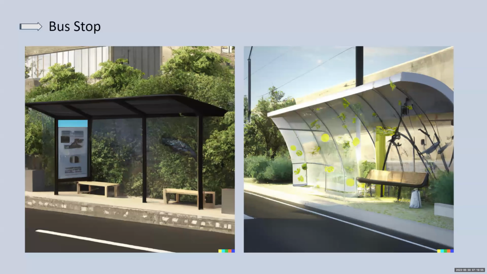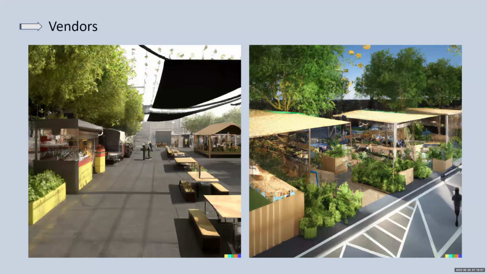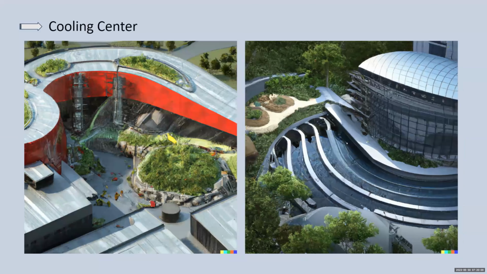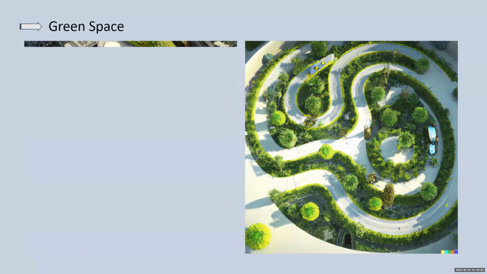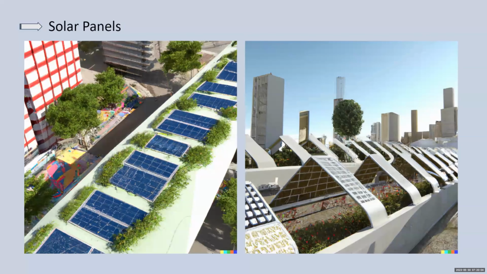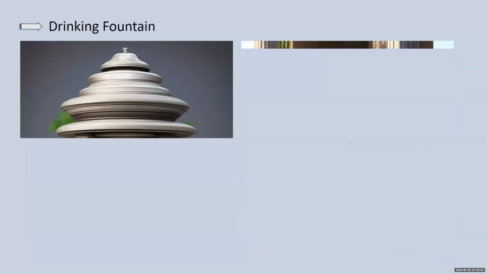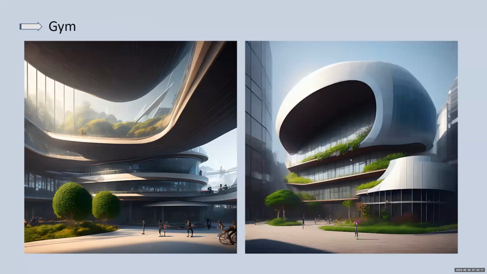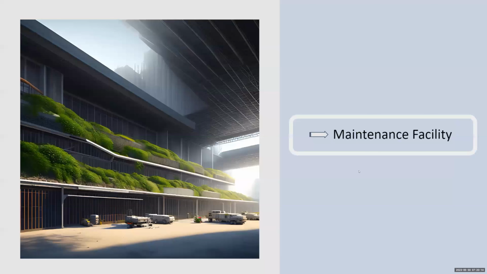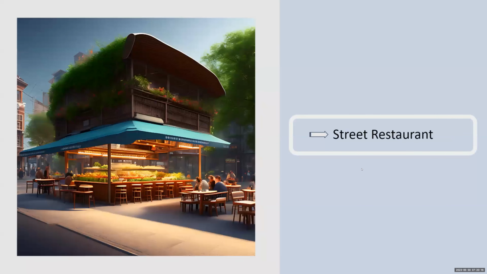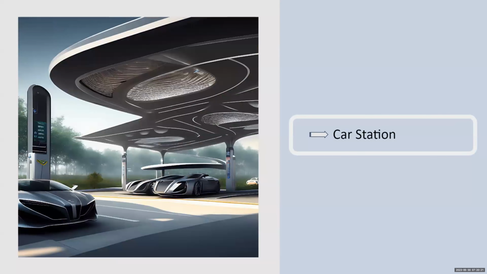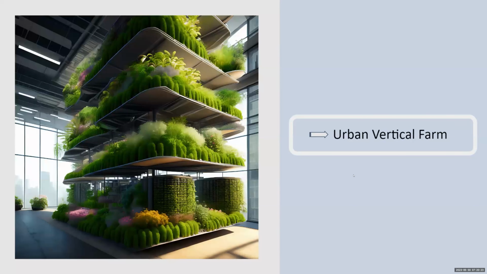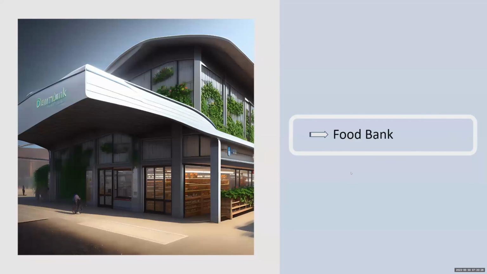Okay, we have a bus stop, a vendor space, cooling center, a green space, solar panels, a drinking fountain, a gym, maintenance facility, a street restaurant, a car station, and urban vertical farm. And there's just a few more, so I'll just scroll through them.